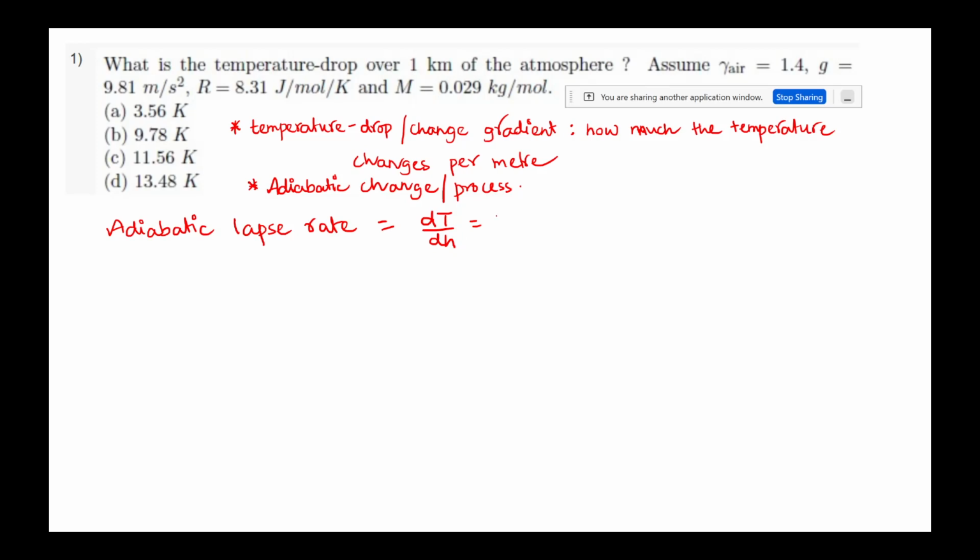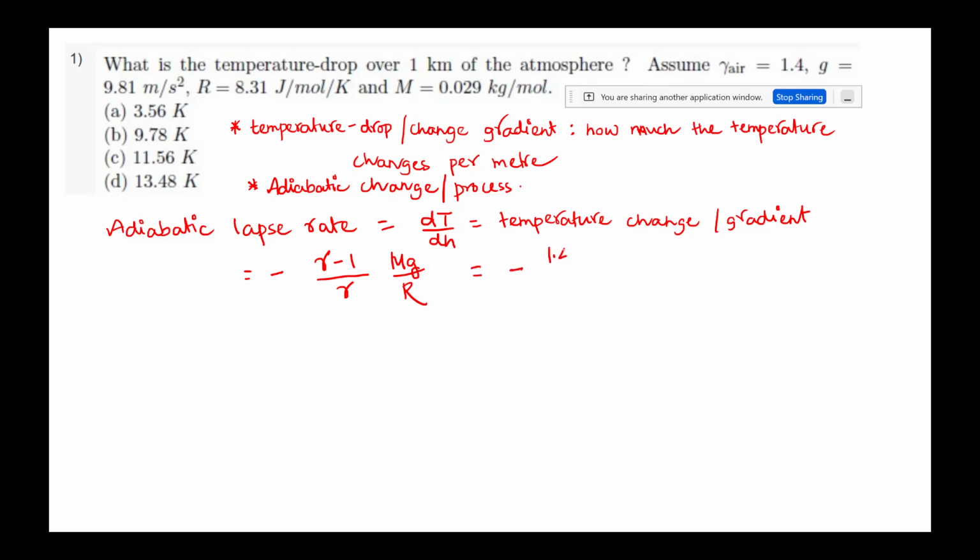That means the temperature change or gradient. This is minus gamma minus 1 divided by gamma, times mg by R.